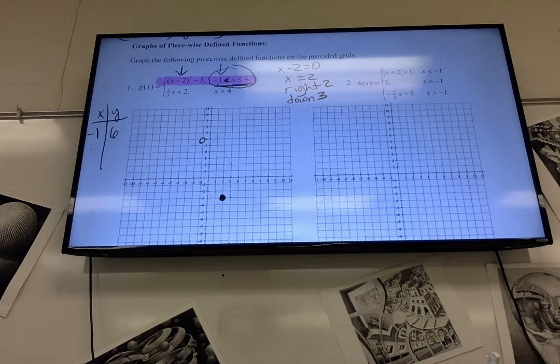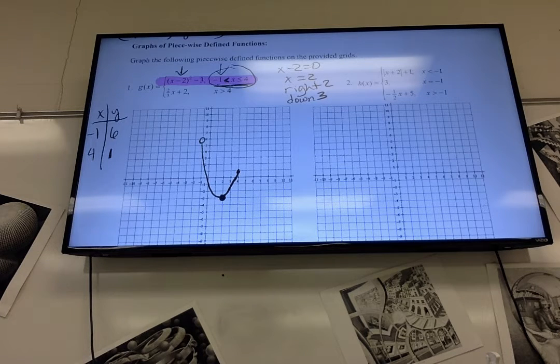And now 4. Plug that in. If I plug in 4, 4 minus 2 is 2. 2 squared is 4. And 4 minus 3 is 1. So I have 4, 1. So I know this is going to look like this.